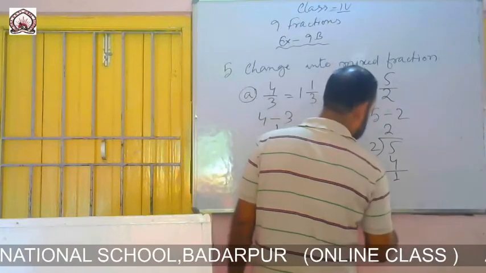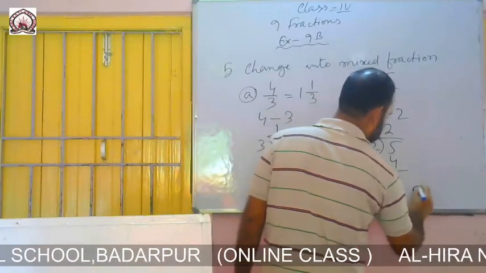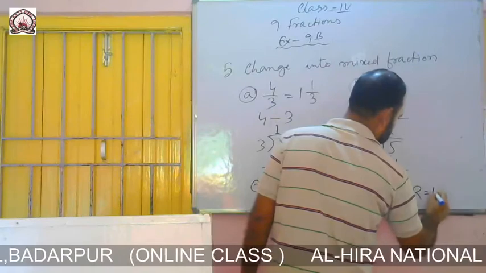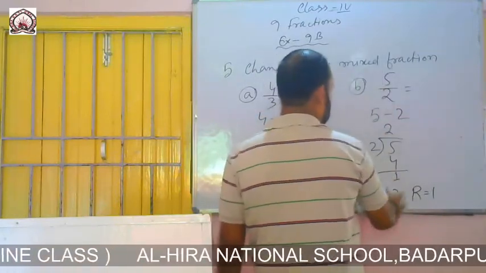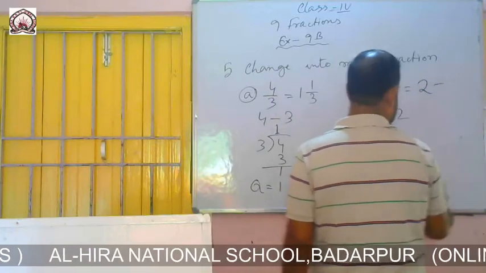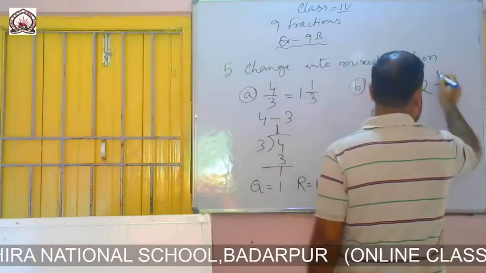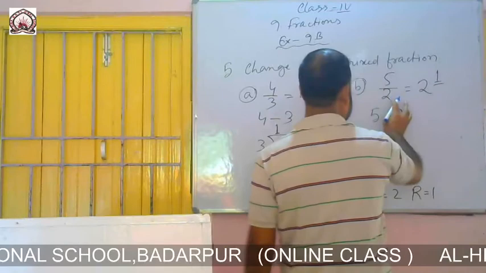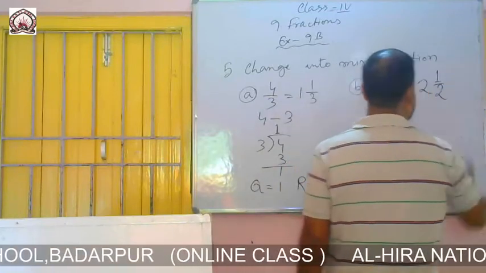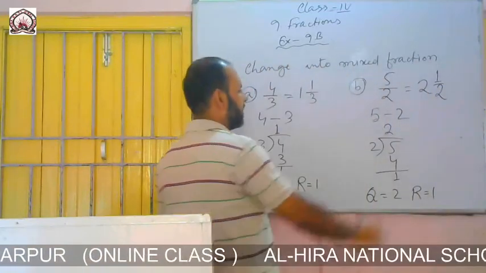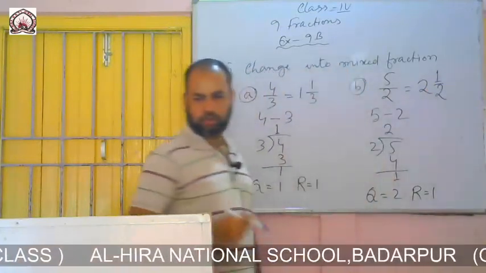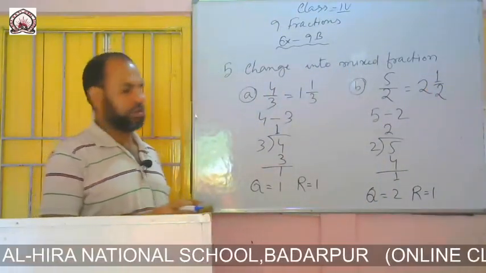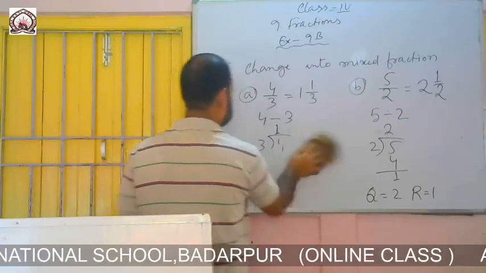So Q equals 2, R equals 1. The mixed fraction will be 2, with remainder 1 as numerator and the denominator remaining the same. The mixed fraction is 2 1 by 2.